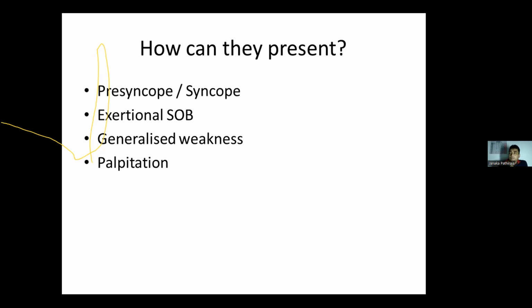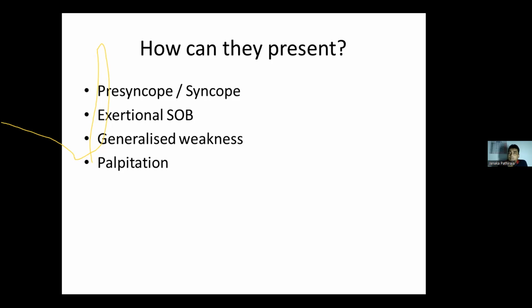Then palpitation. Is it common with bradycardia, palpitation? Yes. Why? Bradycardia can feel as palpitation. Sometimes it happens due to two reasons. One is that when your heart rate is really slow, they will feel the beat, and then they will say palpitation.